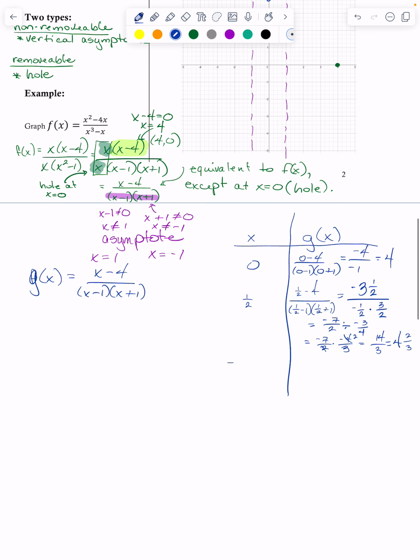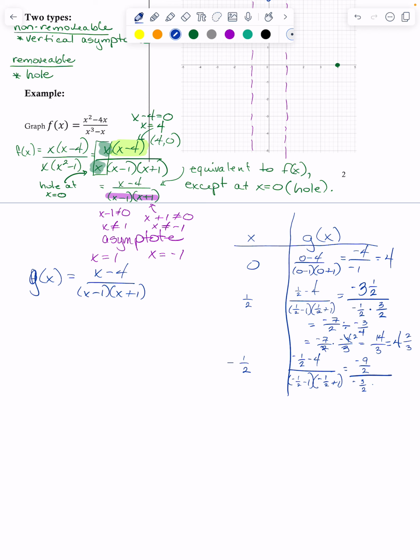I can do the same thing with negative 1/2. I get negative 1/2 minus 4, negative 1/2 minus 1, times negative 1/2 plus 1. Negative 4.5, so negative 9/2, divided by negative 1/2 minus 1 is negative 3/2.